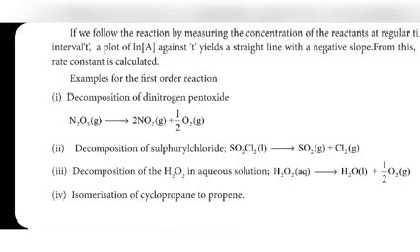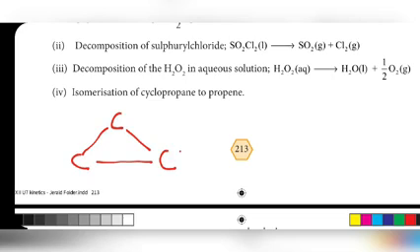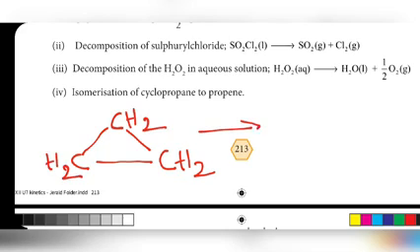Next one, isomerization of cyclopropane to propene. Propane means 3 carbon. This is cyclopropane.